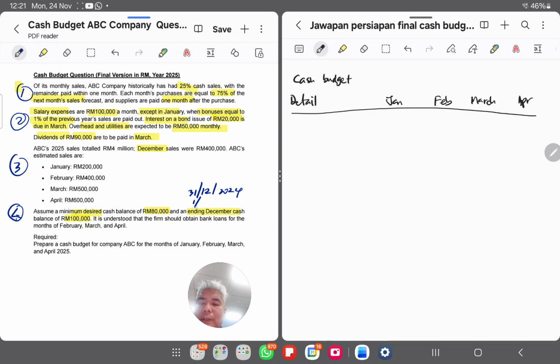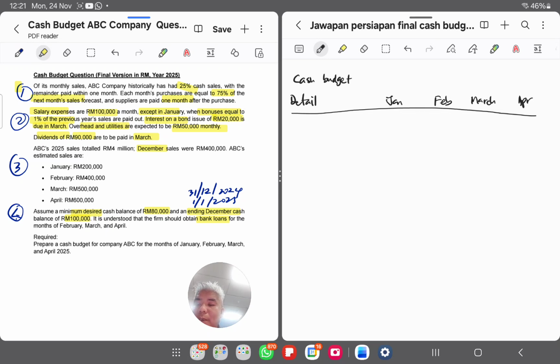And then for 1st of January 2025, the amount will be the same, 100,000. It is understood that the firm should obtain bank loans. So for this purpose, if you need 80,000, you need to apply for a loan to meet the requirement of 80,000 per month. Then you have to prepare for the month of February.